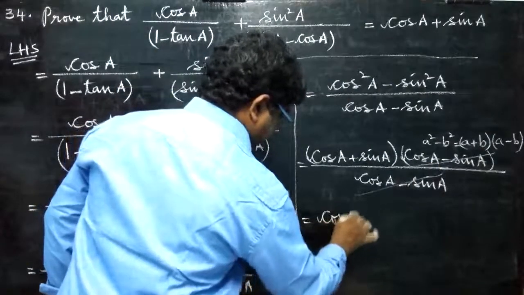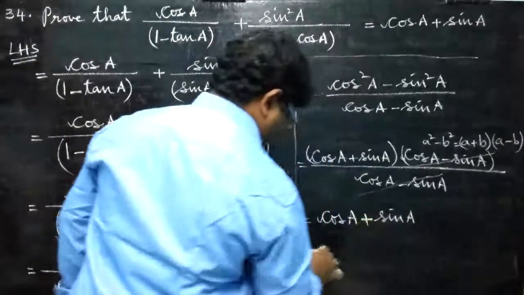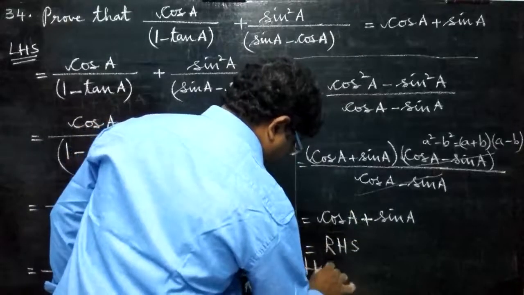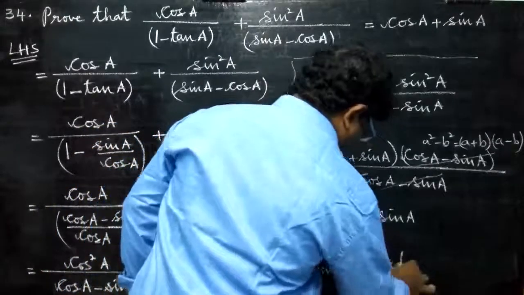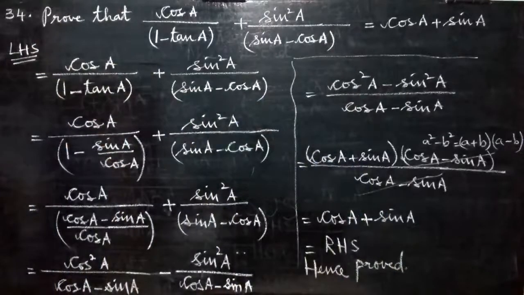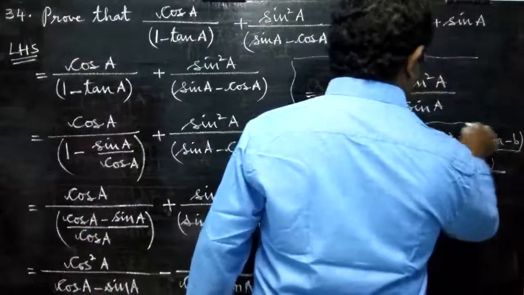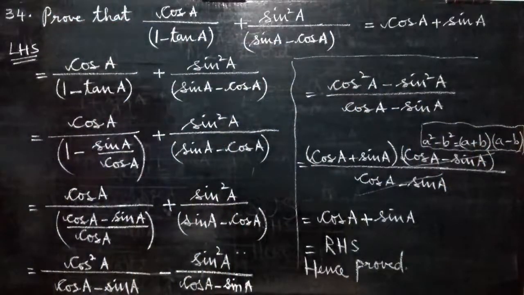Cos A plus sin A, which is equal to RHS. Hence proved. We started from LHS and proved RHS. The formula we used in this problem is A square minus B square is equal to A plus B into A minus B.